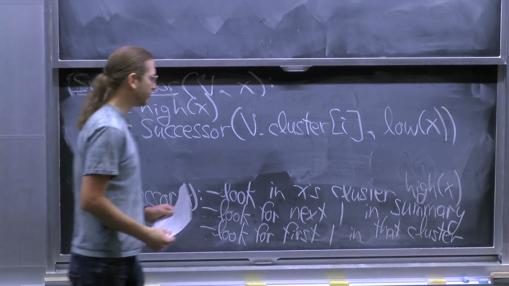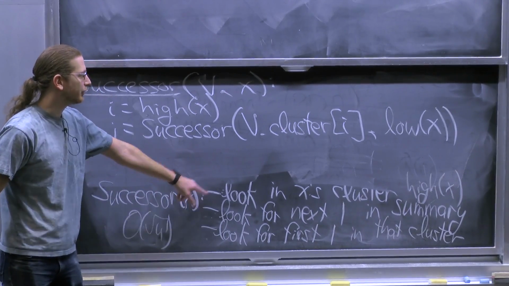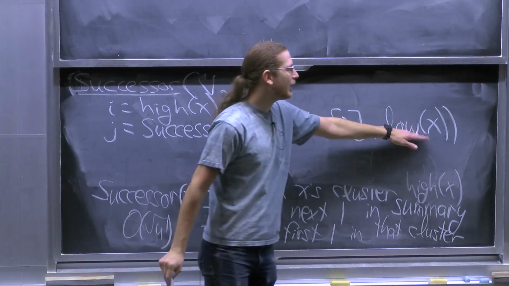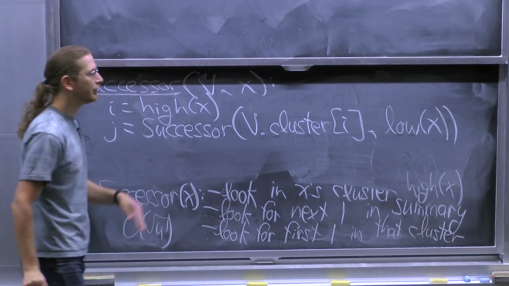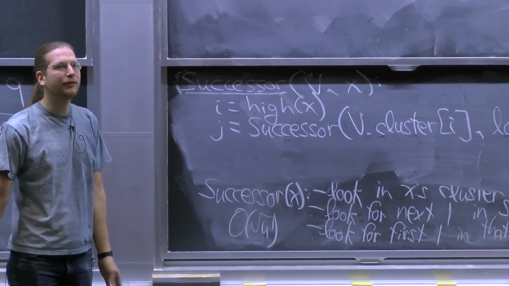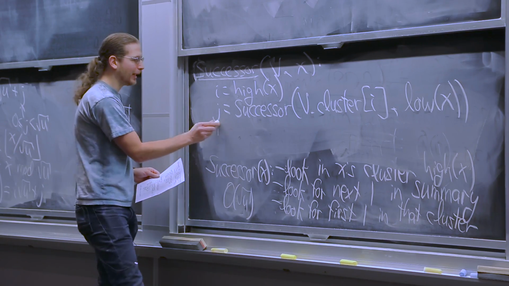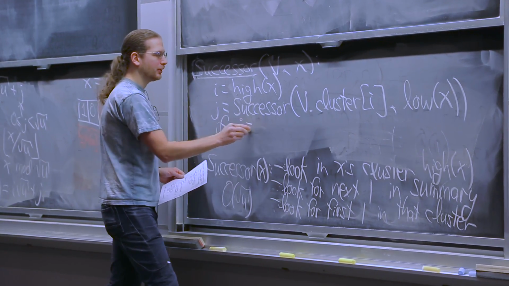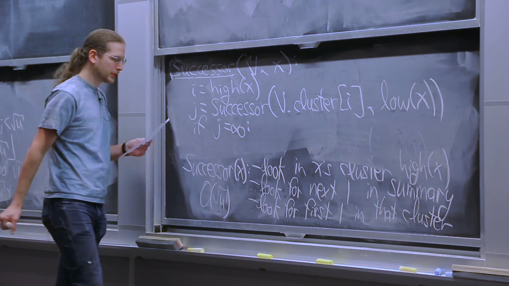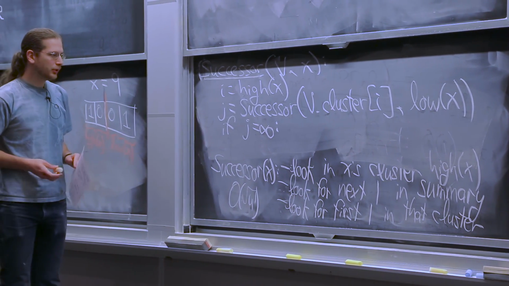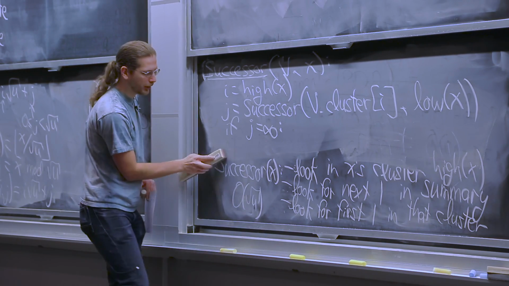Okay, so that's this first step of looking in x's cluster. This is x's cluster. This is x's name in the cluster. I'm going to try to find the successor, but it might say infinity. I didn't find anything. Okay, then I'll be unhappy if j equals infinity. So that's line 1.